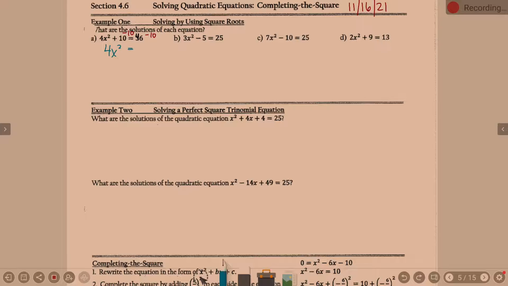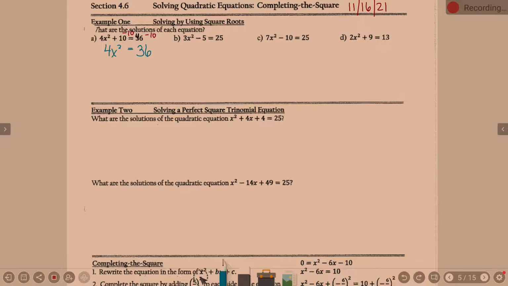I know as my first example, I'm not going to have a number that's not going to work nicely for me. Maybe later on I will, but not in my very first example. So pretend this problem really said 4x squared plus 10 equals 46. Still trying to get that x squared term by itself. If it's plus 10, we subtract 10 over, and 46 minus 10 is 36. Is x squared by itself?